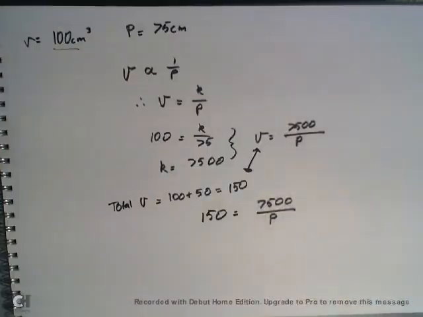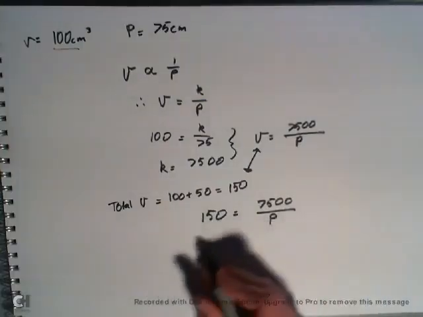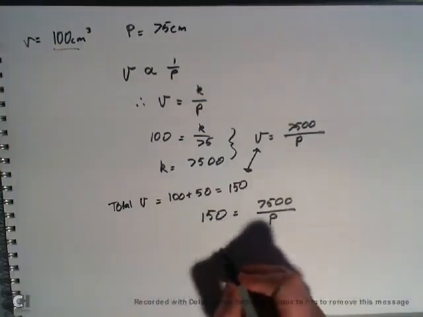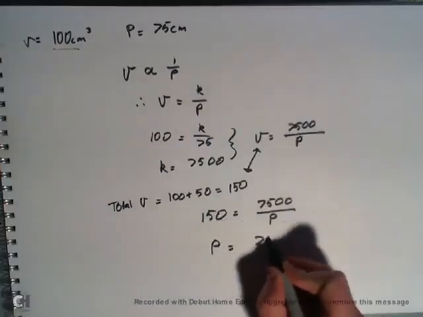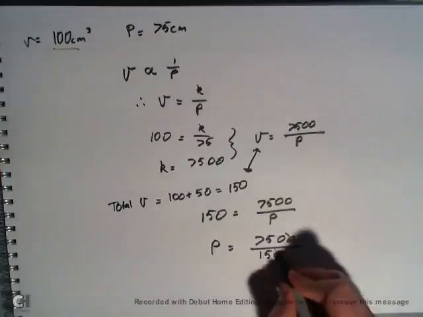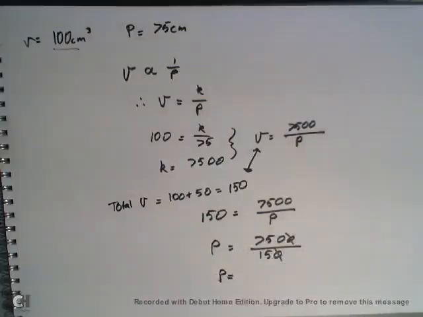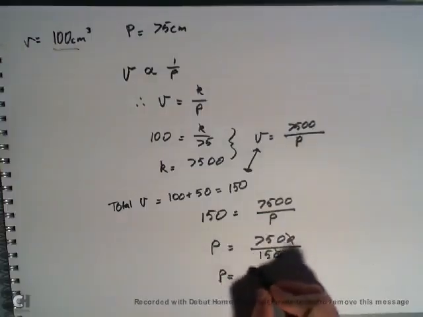Subbing in 150 for V, times by P, divide by 150, or we just swap the values. We can say P equals 7,500 over 150. Crossing out the zeros, we get P equals 750 over 15, and that is 50.